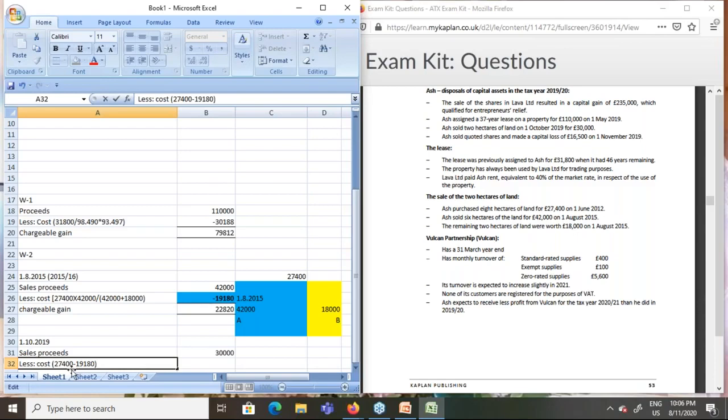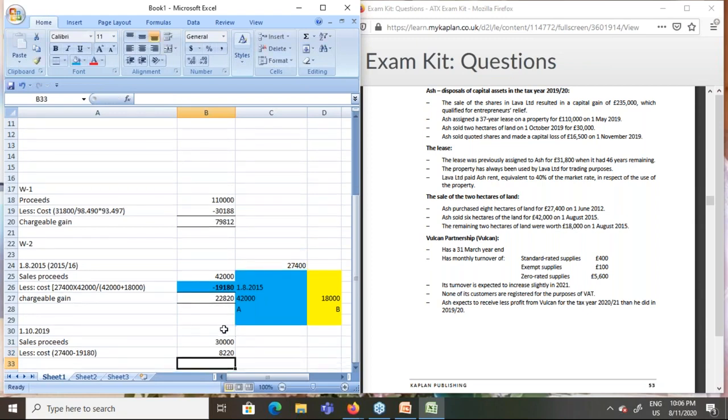So the cost attributable to part B, that means the remaining 2 acres, is 27,400 minus 19,180. You get 8,220.